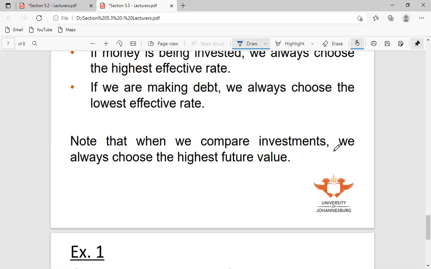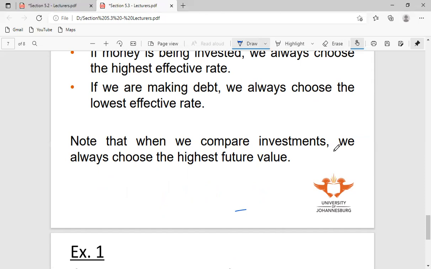So all you need to do in this situation is to find the future value of each of these investments. So you then use your S equals P times (1 plus R over M) to the power Mn. You substitute the principal amount, the rate, the compoundings, and the number of years, and you see the future value of each. So the one with the highest future value is definitely the preferable option for the customer.